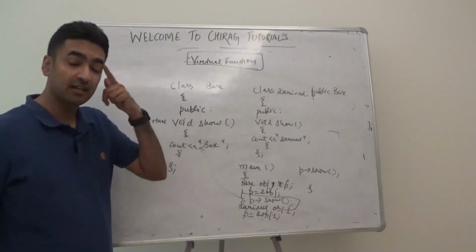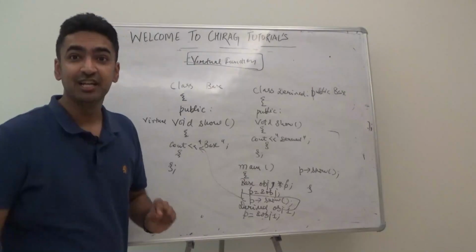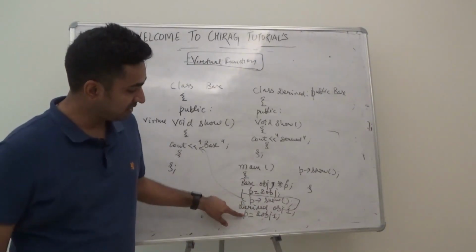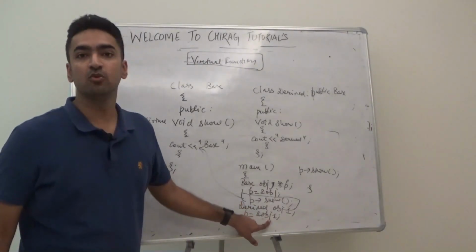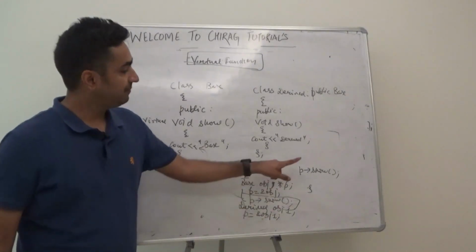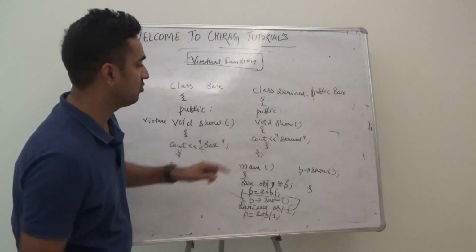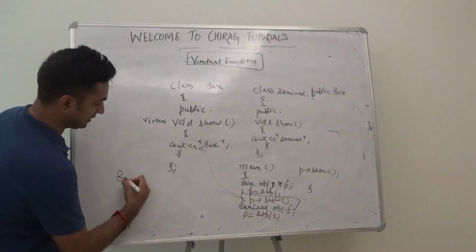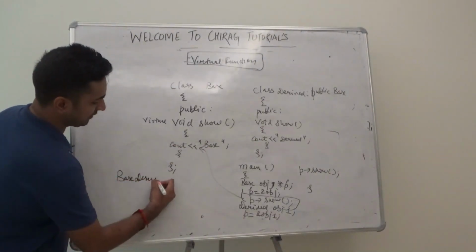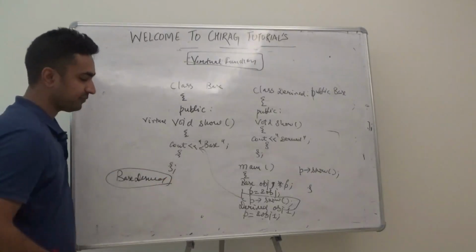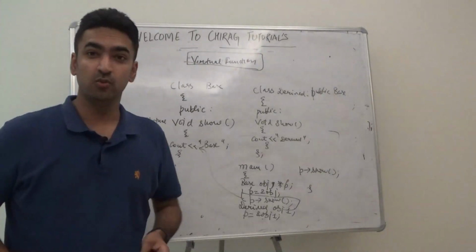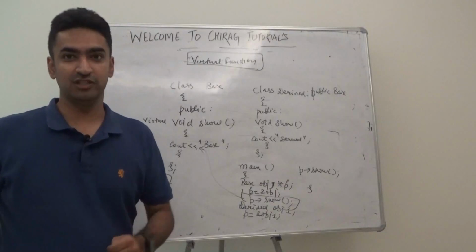But over here it has also made the compiler understand that p is pointing to the derived class object obj1, and p arrow show means the derived class function should get called. Yes, over here when you execute this, you will get Base and Derived both of them. This is how you work with virtual functions.